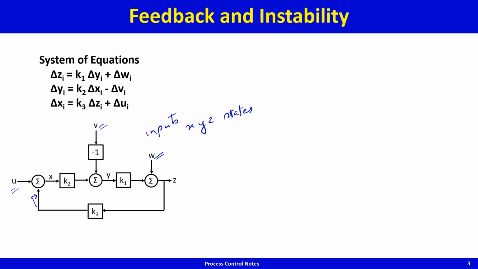So this switch closes and opens every sampling instant. Let us just think of it like this. Let's see how the system states evolve if, for example, delta u changes.